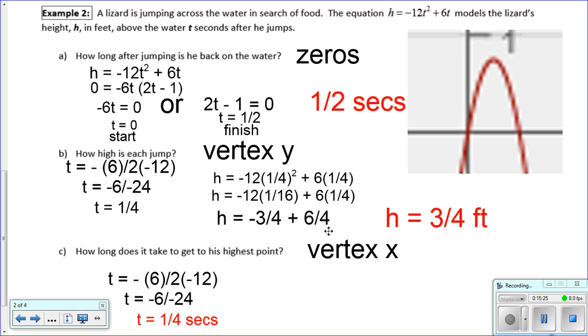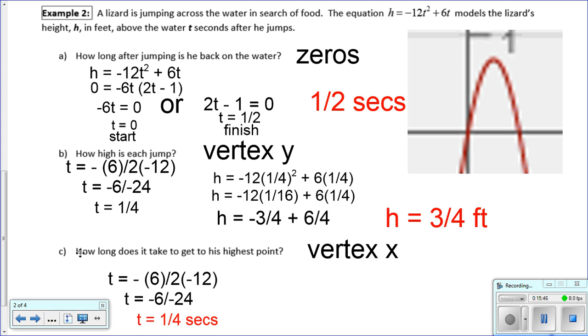They have the same denominator, so we can add their numerators. So negative 3 plus 6 gives me 3, all over the common denominator of 4, so 3/4 of a foot, or 9 inches, however you want to write it. You could put 0.75 feet, that's fine. But that's the y value.